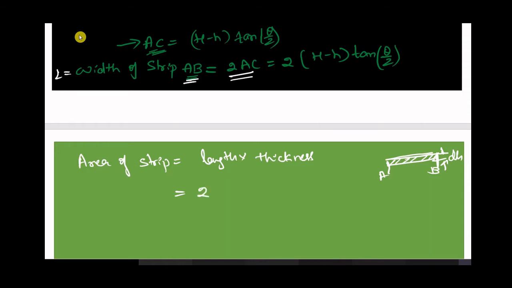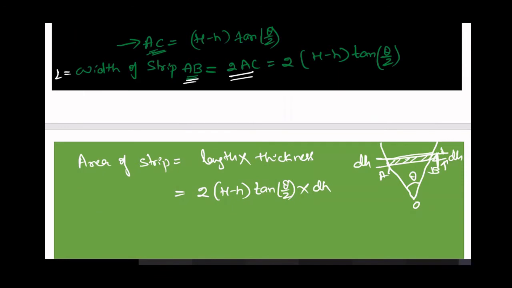I will write the formula 2 into H minus H tan theta by 2. So this is there in the V notch. This is O. Okay, the total angle is theta. What is the thickness? Thickness of this strip is dh, small h. This is the area of the strip.